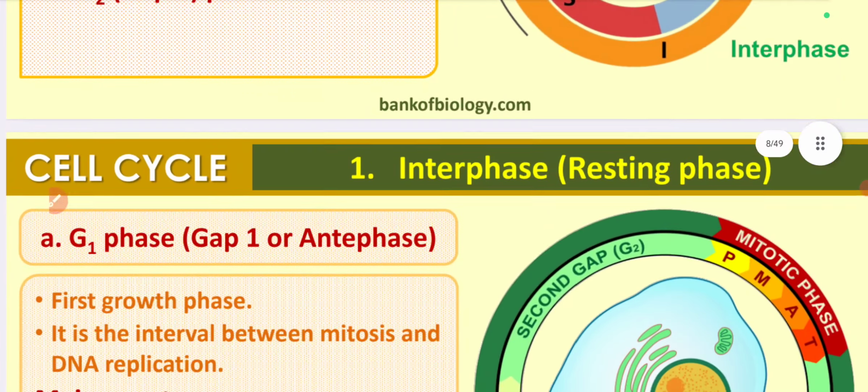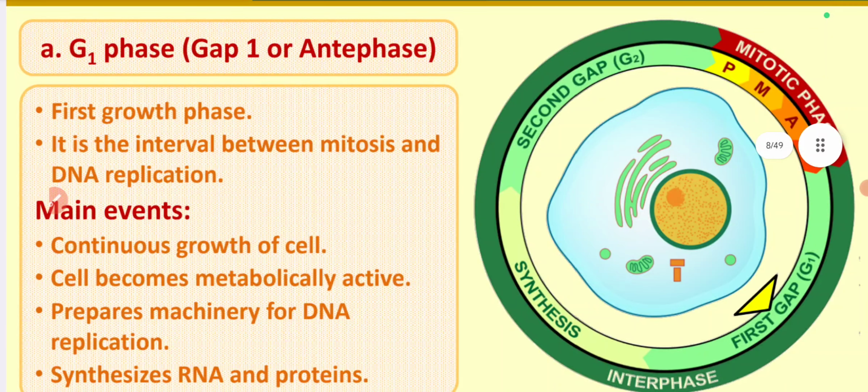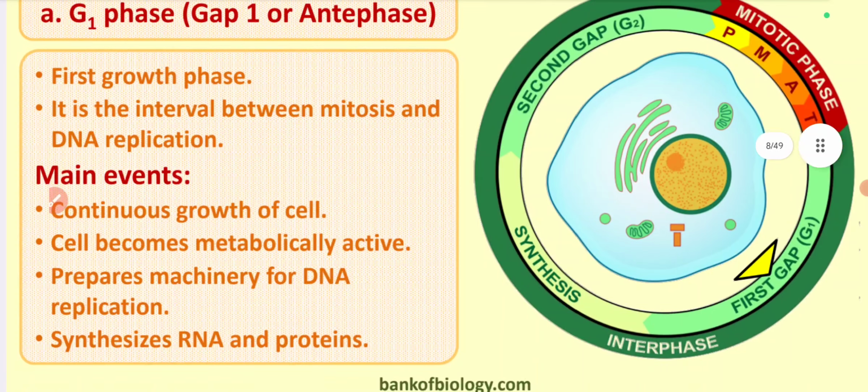First of all, G1 phase or gap 1 phase. What does it mean? It is the first growth phase. It is the interval between mitosis and DNA replication.